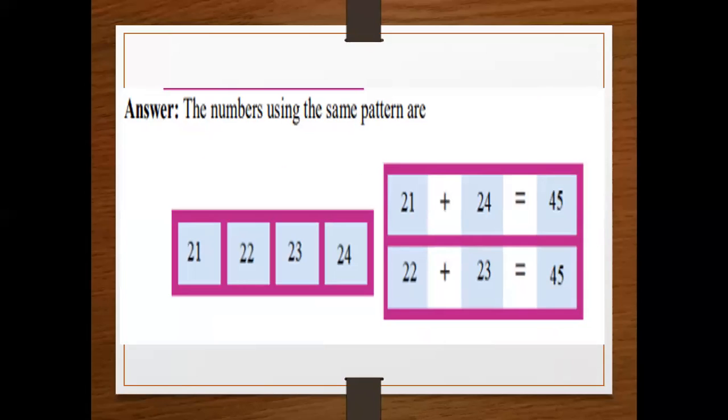You have to take continuous numbers, an even count: 4 numbers, 6 numbers, 8 numbers. Any continuous numbers, this pattern will always be there. First and last total, second total, third total, all totals will be the same. Like earlier we got 27, here we are getting 45.